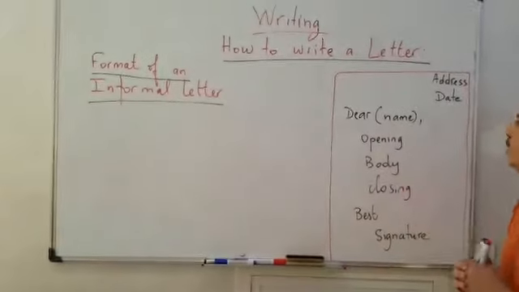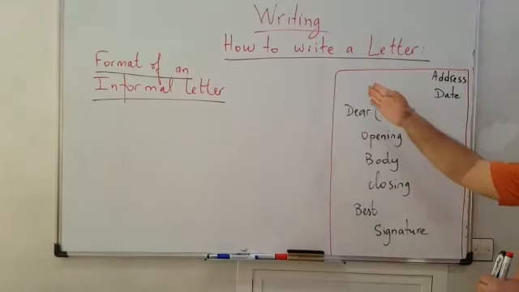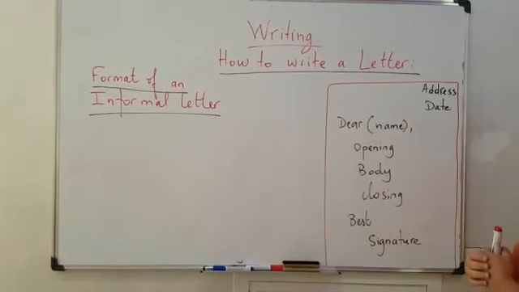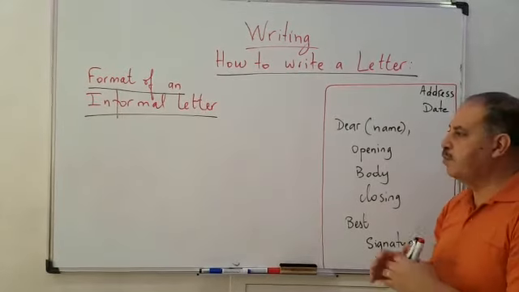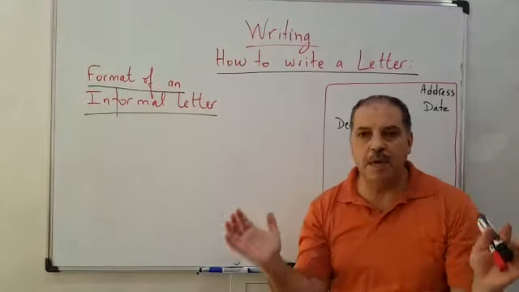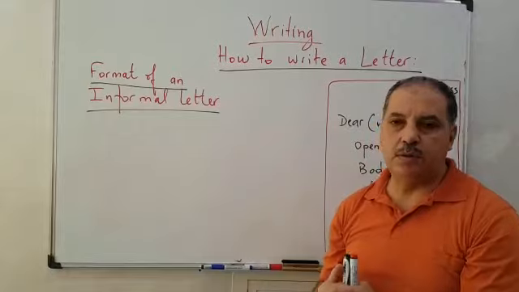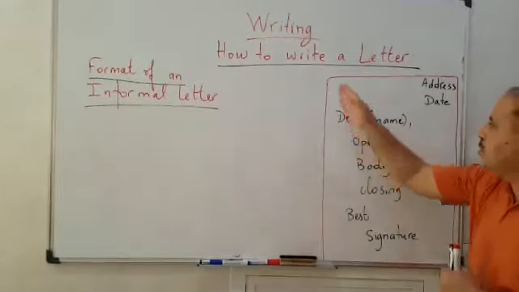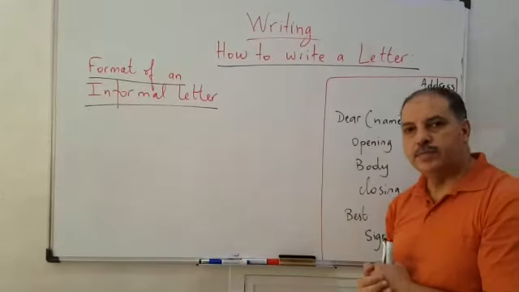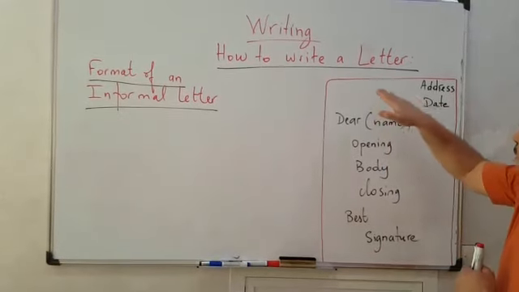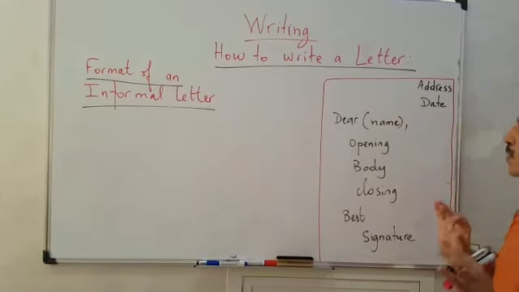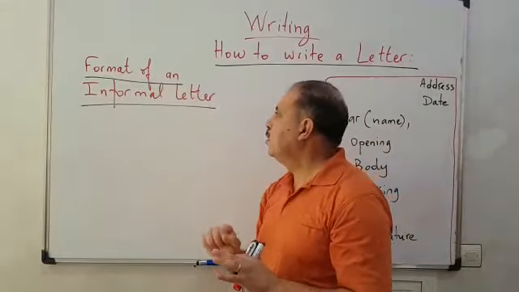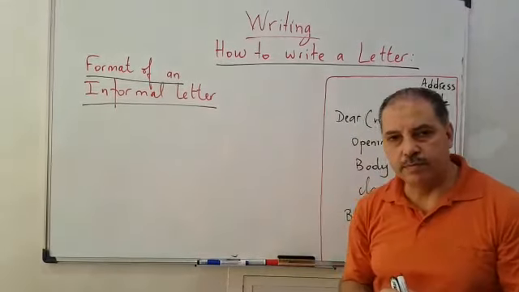As you may see here, I have drawn a kind of, let's imagine the paper on which you are supposed to write your letter. So this is your paper, and then you have to respect the format of the letter.